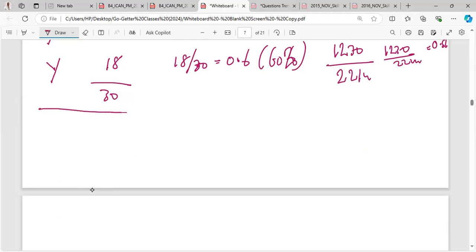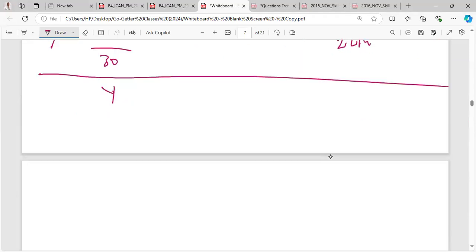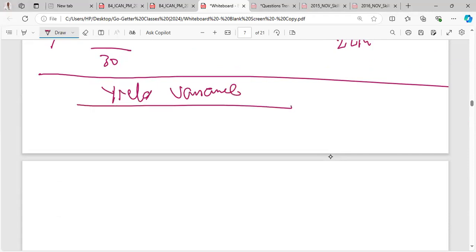So now, if we are to do yield variance, we said normally we start with standard price, standard quantity, standard mix minus actual quantity, standard mix.